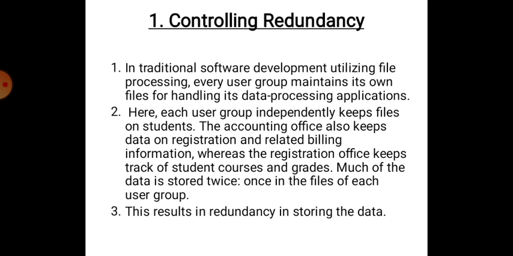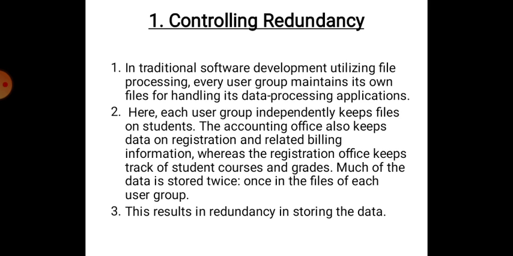So students, when we consider a student database for a university, the accounts office will keep all the details regarding registration of the students and billing information, such as what fee has been paid. And there is one more office called the registration office.